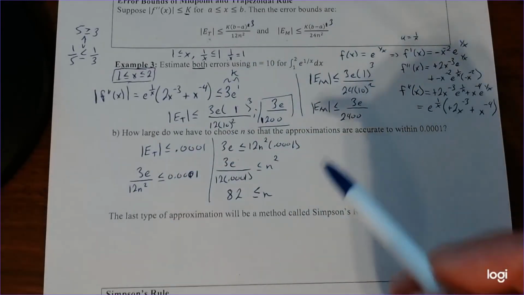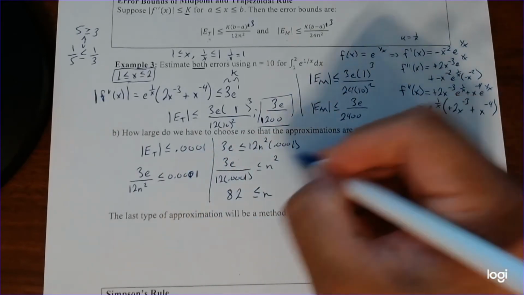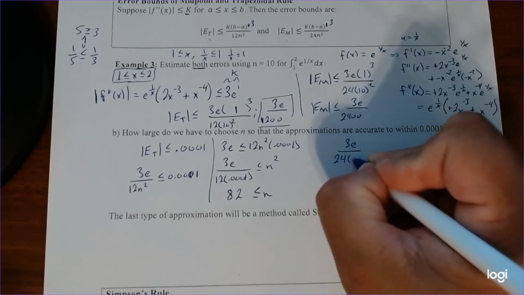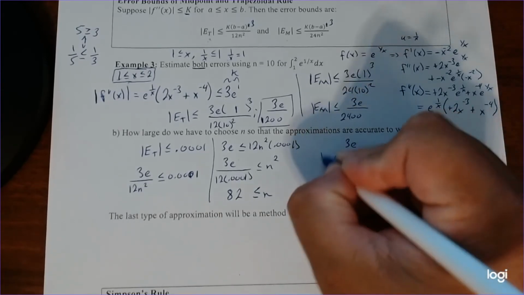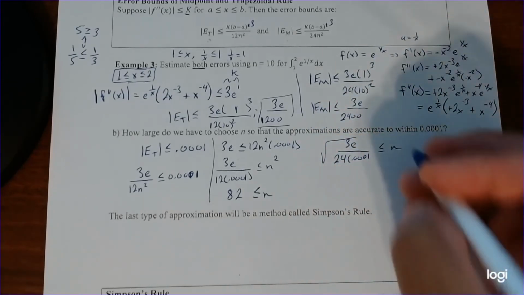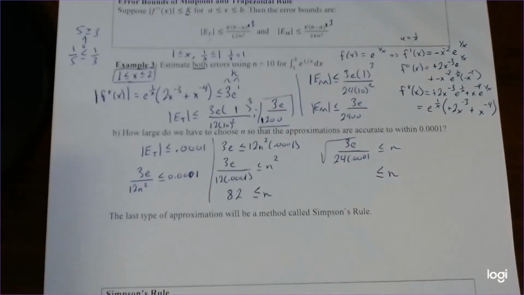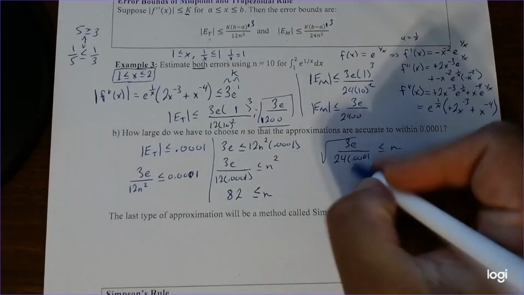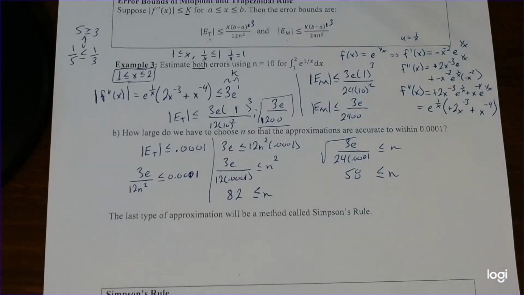And then we do the same thing for the midpoint. Notice it's almost identical, so the work is the same. Essentially all you're doing is changing the 12 to the 24. Using the same process, this one now gives us 58.29, so approximately 58 or higher.